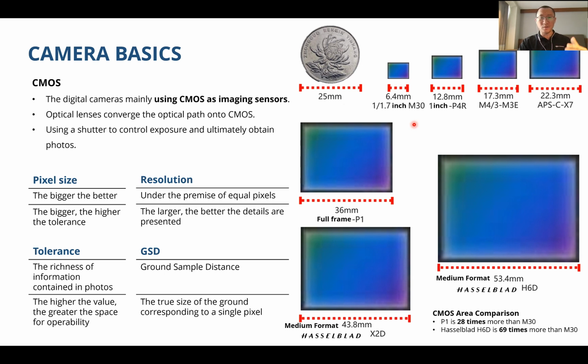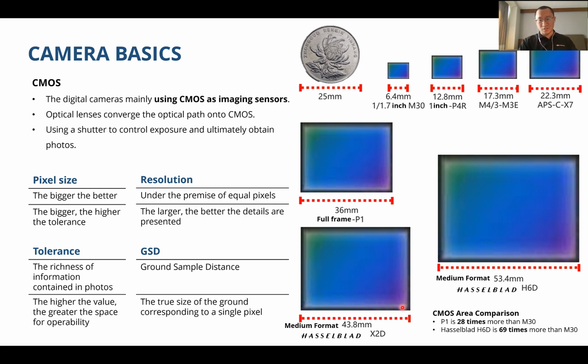Of course, the larger the CMOS, the better the image. As you can see, on our smaller drone, the Mavic 3E, compared to the Phantom 4 RTK, it has a larger CMOS size. We also have the full-frame CMOS sensor from the P1, which is far better.